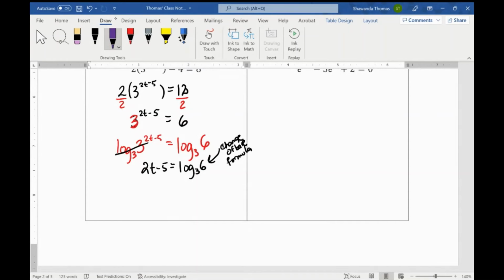Let's go ahead for now and add 5 to both sides. If we add 5 to both sides, we'll get 2t equals, and you can put the 5 in front, it doesn't matter, plus log base 3 of 6.